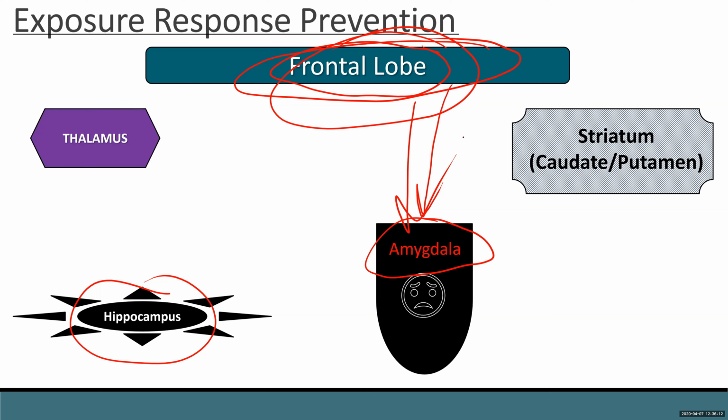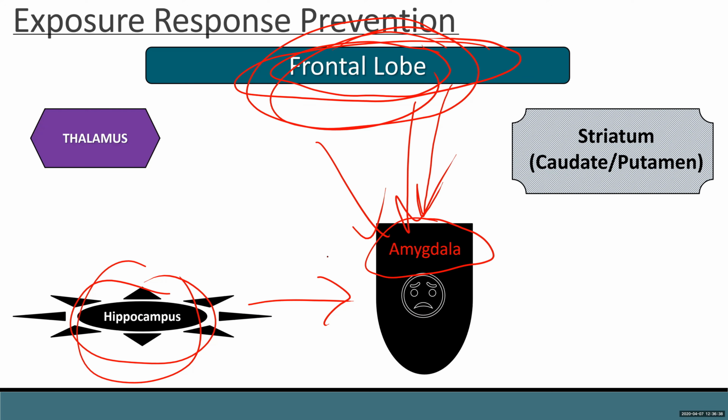Over time, our amygdala starts "learning": next time this kind of thing happens, it's not that bad. There's no bad consequence. This is okay. Your frontal lobe and other structures keep influencing it over and over again, telling it it's going to be okay.